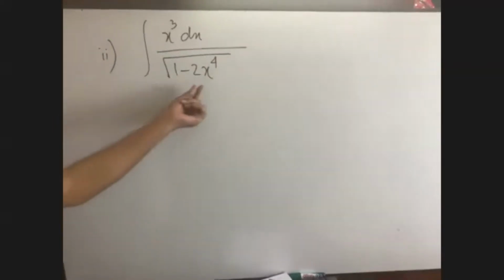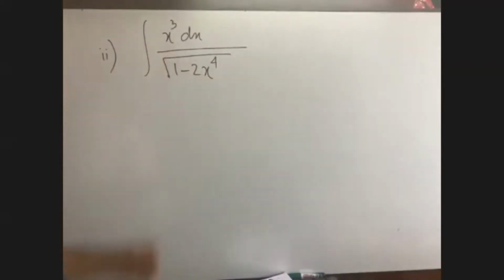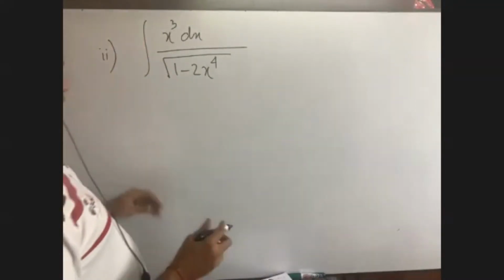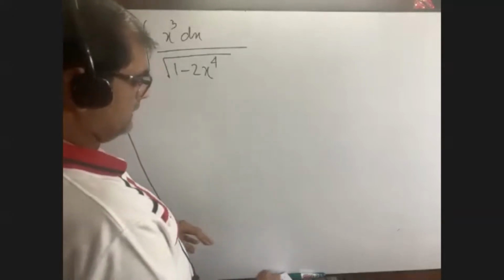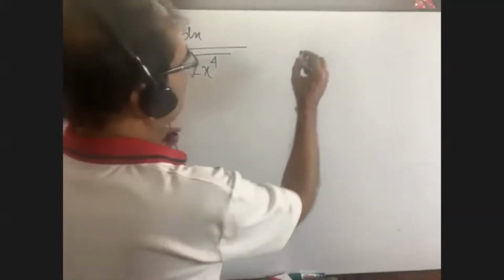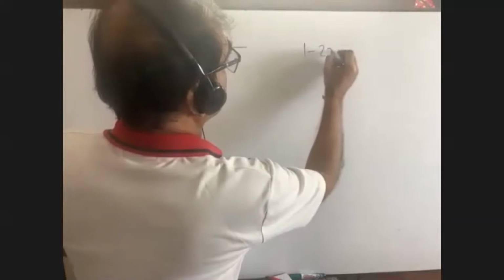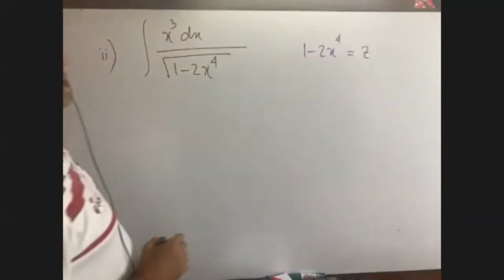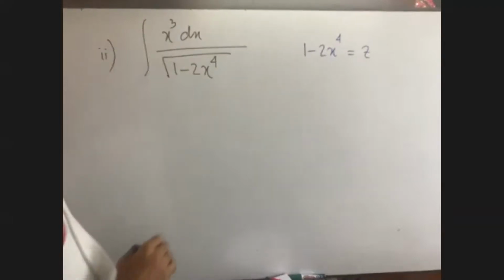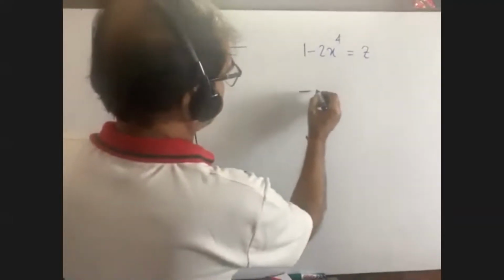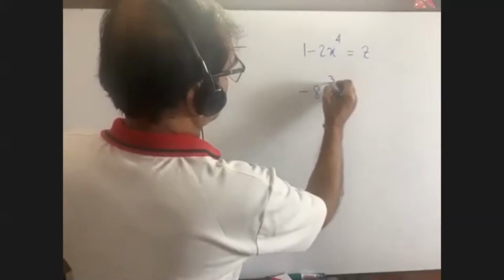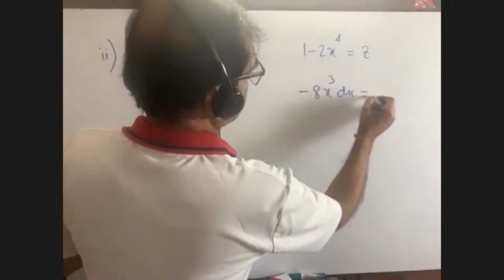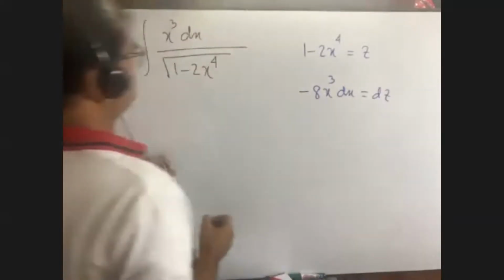If we differentiate it, we will easily get x cube, so we don't have any other function here. So we let 1 minus 2x to the power 4 equal to z. That is minus 8x cube dx equals dz.